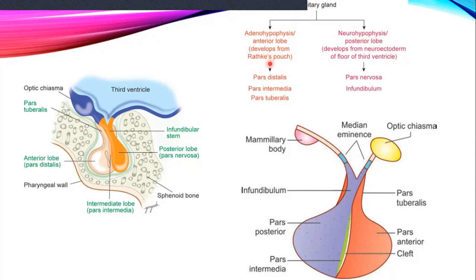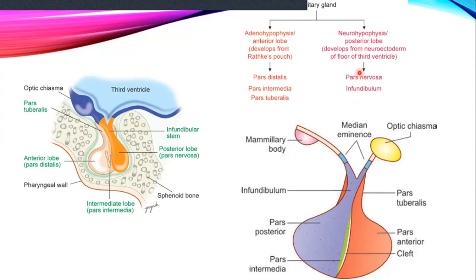Now, the anterior lobe, from embryology, we learn that it usually develops from Rathke's pouch, which is an upward diverticulum from the stomodeum, and the stomodeum is ectodermal in origin. Parts of the adenohypophysis: pars distalis, pars intermedia, pars tuberalis. Neurohypophysis usually develops from the neuroectoderm of the floor of the third ventricle: pars nervosa, infundibulum, and the median eminence.